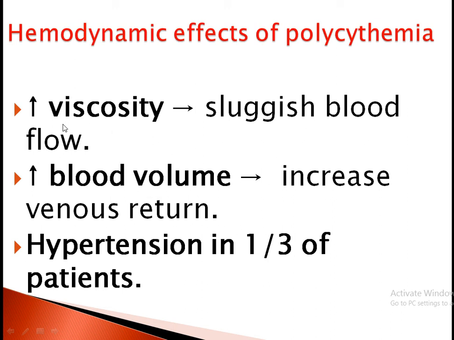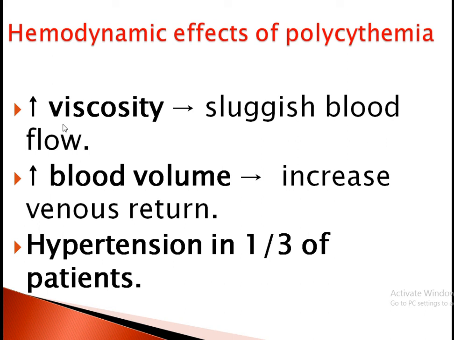But we should concentrate on this point: if the viscosity is increased, that is, the relative proportion of the cellular part and the plasma part is disturbed, it can lead to sluggish blood flow.